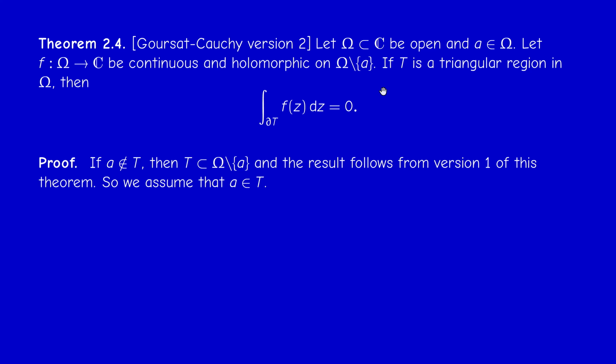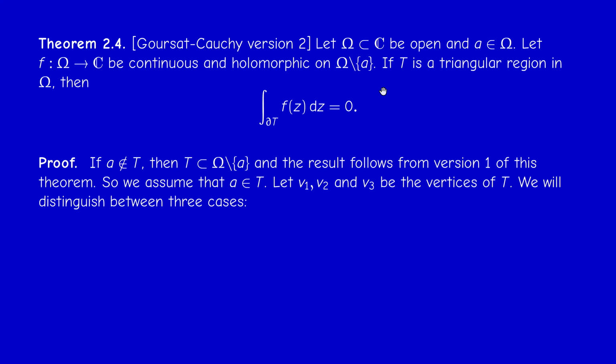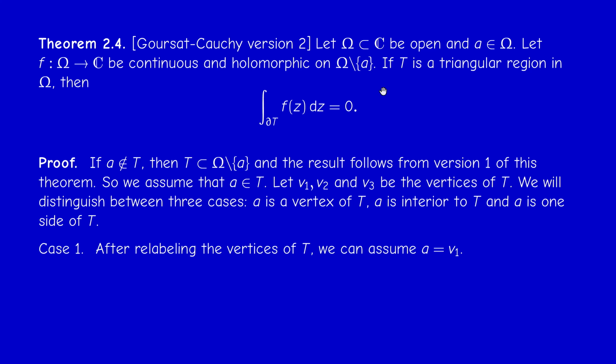Okay, so we distinguish here between 3 cases. Either a is a vertex of T, or is interior to T, or is on one side but not a vertex. Okay, so call the vertices v1, v2, v3, and we shall deal first with case 1.